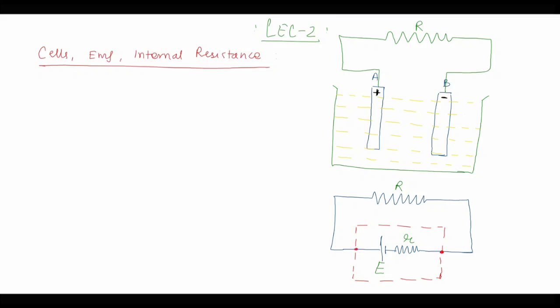To understand this phenomenon, we first need to understand that because of what is going on inside the battery, A becomes positively charged and B becomes negatively charged.